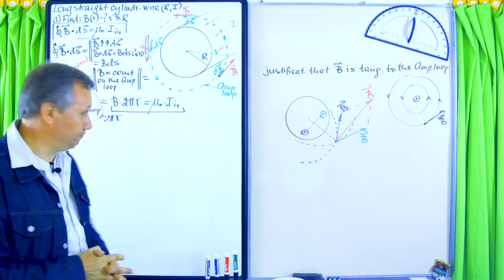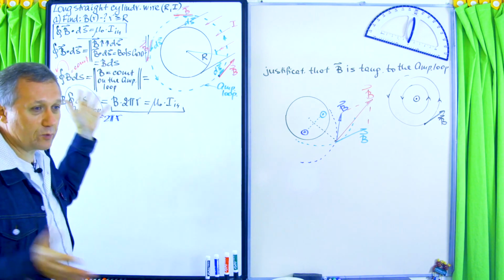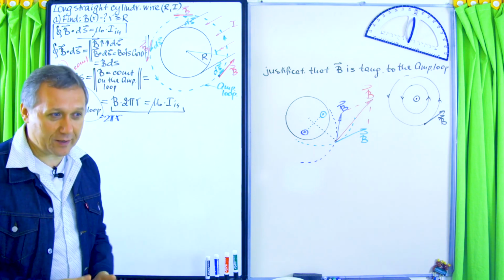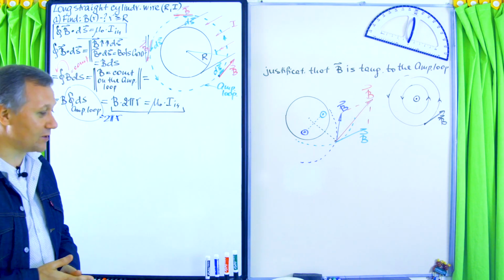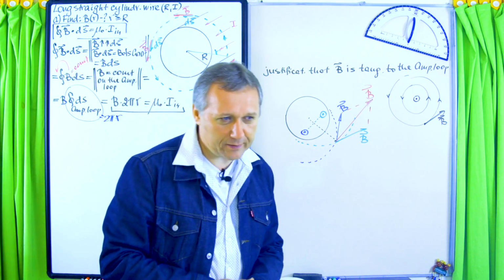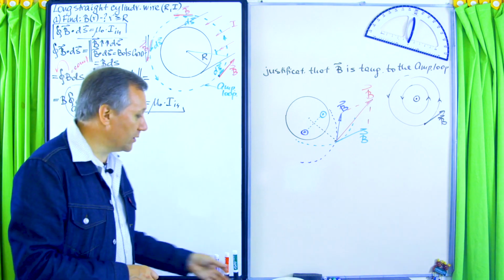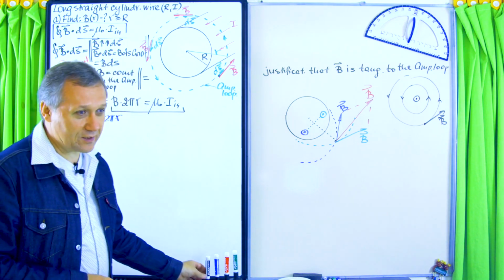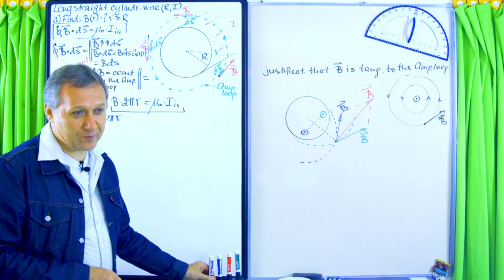As a result, both of the steps would be incorrect, and mathematically it would be significantly more challenging. So we need to be smart and pick the best possible loop. In this case, the circle is the best possible.